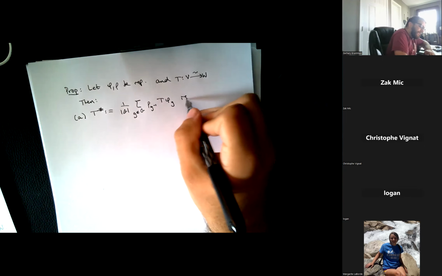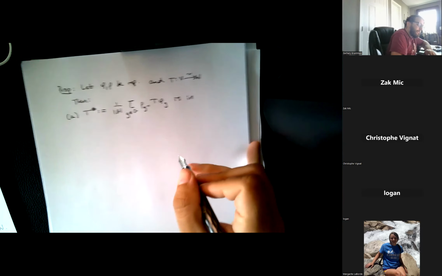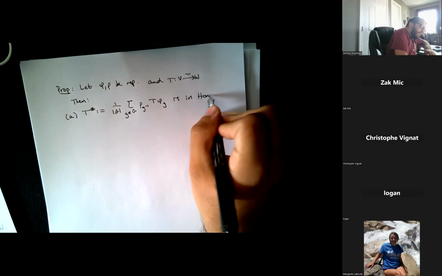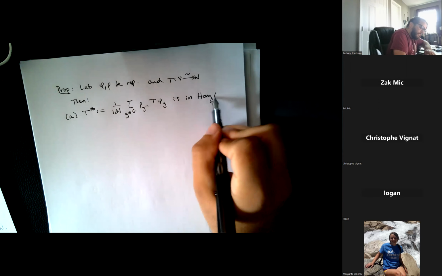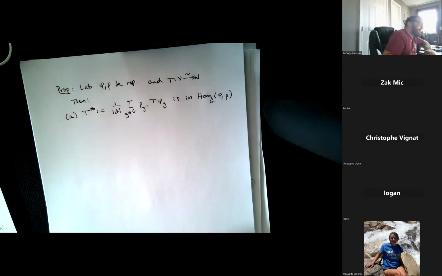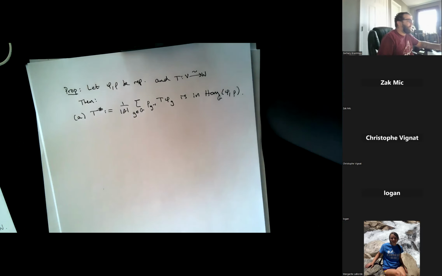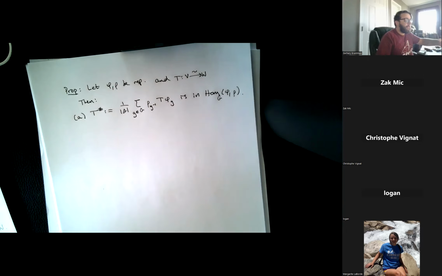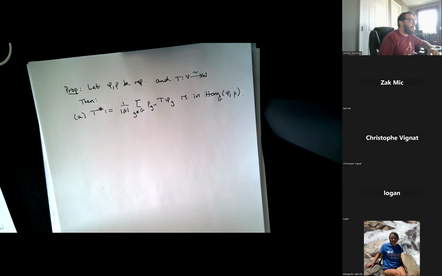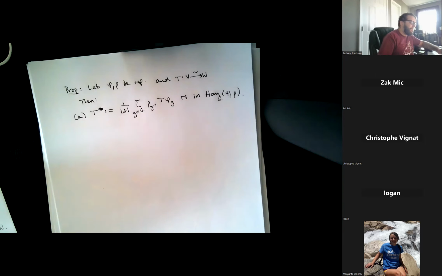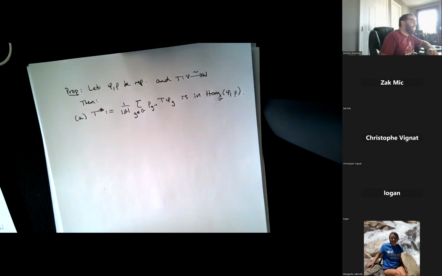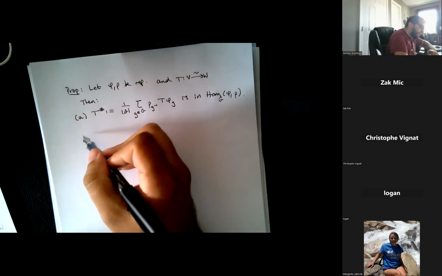Well, this is in the Hom set between phi and rho. So if I give you some linear map between V and W, then you can construct a morphism between phi and rho given that linear map by doing this averaging over the representations. Sorry, over the group, but using the representations.